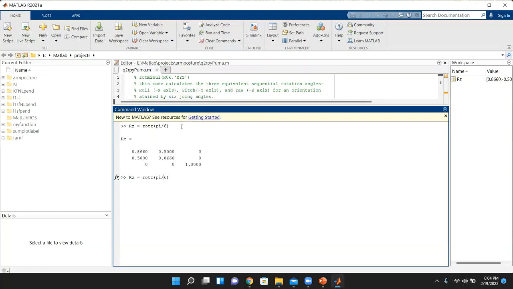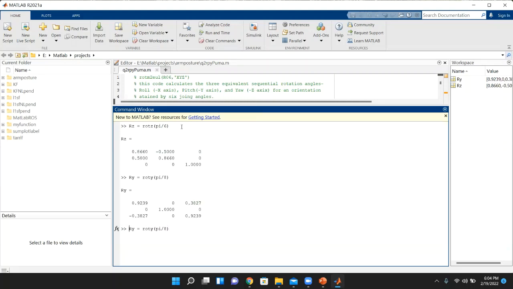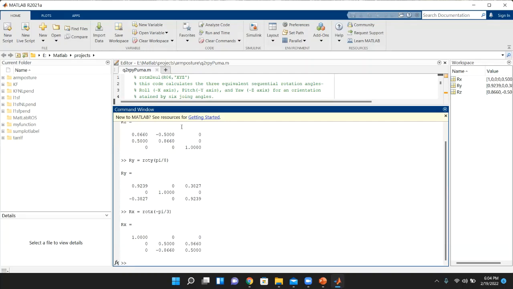And then the second rotation is around Y. It's a rot Y. Let's give it whatever angle. So this is the second rotation matrix. And then the last rotation, Rx. This time it is rot X, with a negative angle, a big angle in the negative direction.